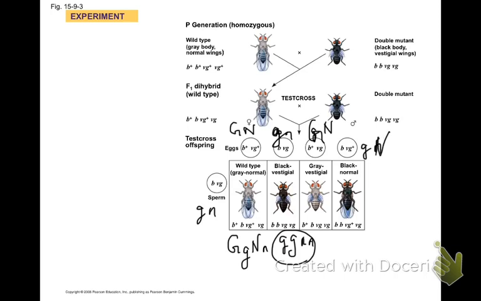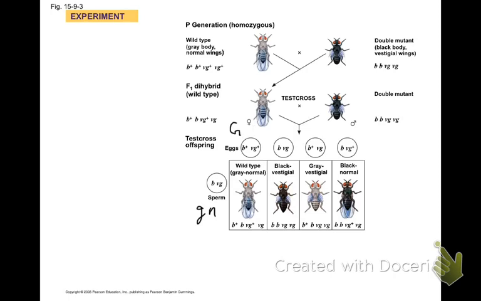Okay, capital G, small g. Okay, let me rewrite the whole thing because it does not match with what I wrote in the previous one, though the genetics of it is the same. I apologize. Let me just go back and write this. So small g, small n.